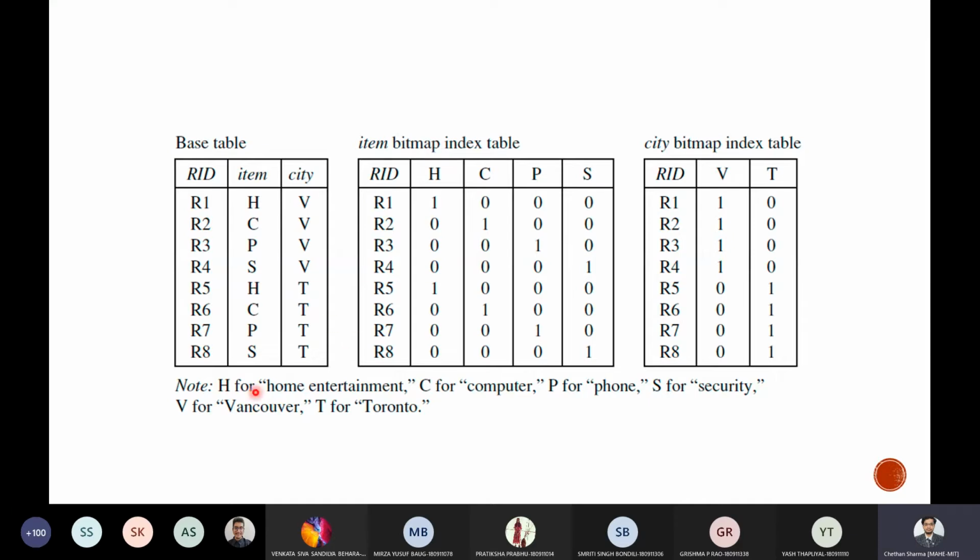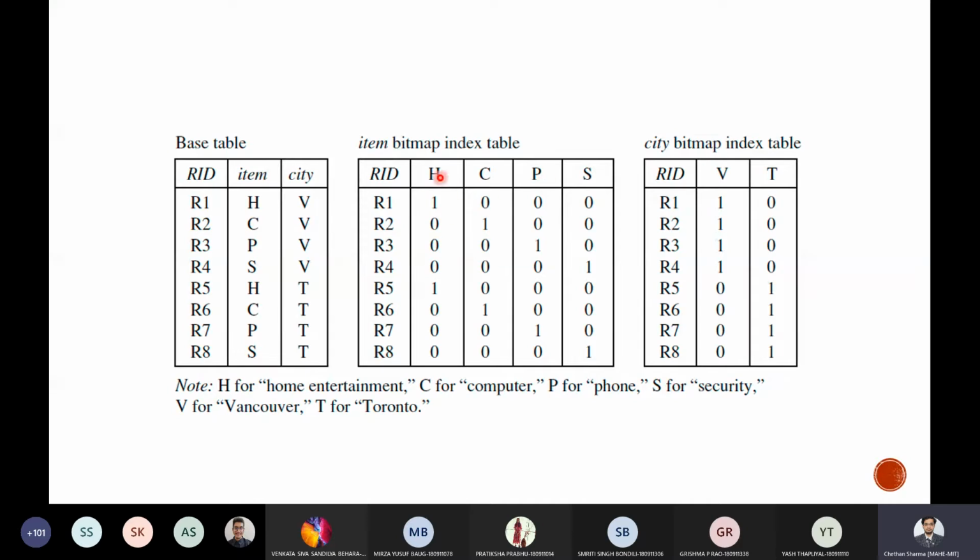So how do you actually form this bitmap table? In the base table there will be record IDs like R1 to R8, and there are two dimensions, item and city. In record 1, the item is home entertainment and the city is Vancouver.